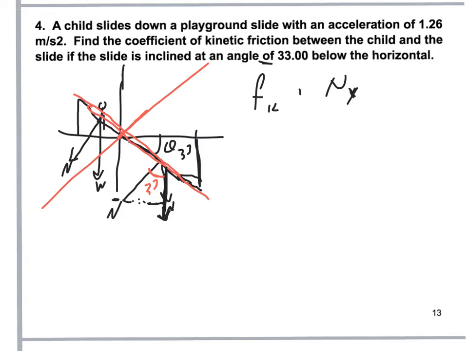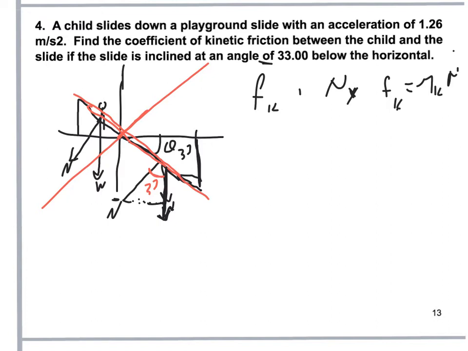Even though we're trying to find F sub k, it's unfortunately not as neat as just going right to the F equals ma equation and solving, going right over to this equation here, mu sub k times N. Unfortunately, it's not that easy. We want to find mu sub k, but we don't know what N is, and we don't know what kinetic friction is.